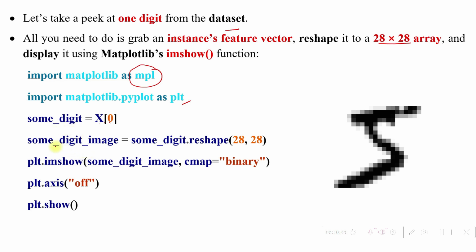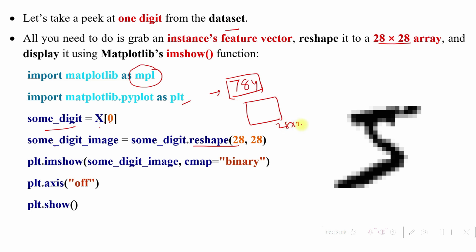Now we reshape that entire image into 28 by 28. That means the 784 features of the first instance are stored in some_digit_image, which is reshaped into a 28 rows by 28 columns image.